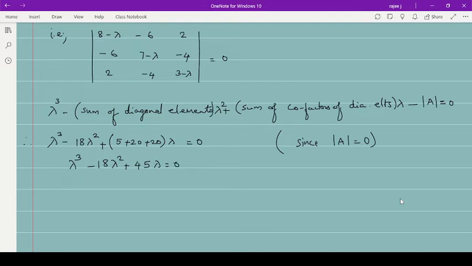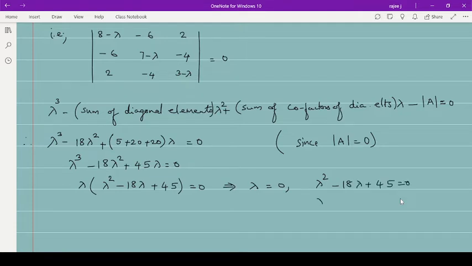Now we need to factorize this. Either use your calculator, or here it is very simple: if I take lambda common, this is lambda square minus 18 lambda plus 45 equal to 0. So lambda will be 0, or lambda square minus 18 lambda plus 45 equal to 0.